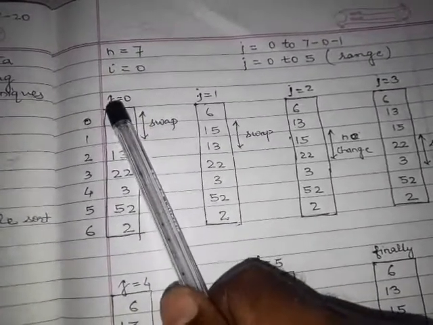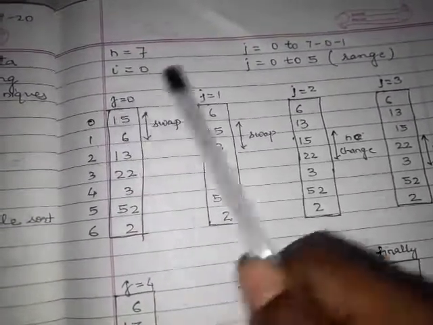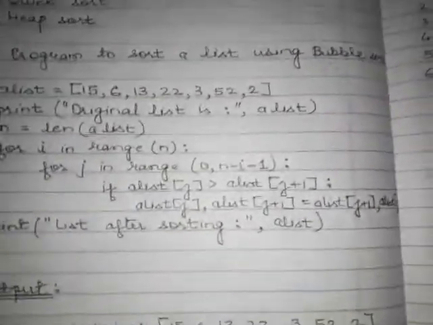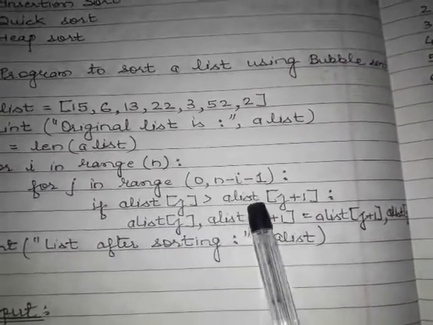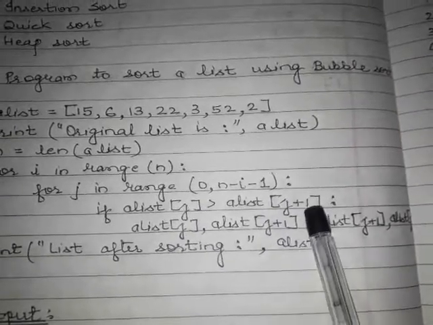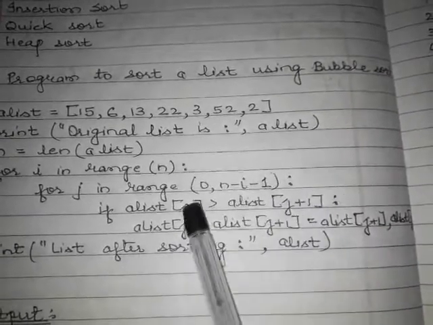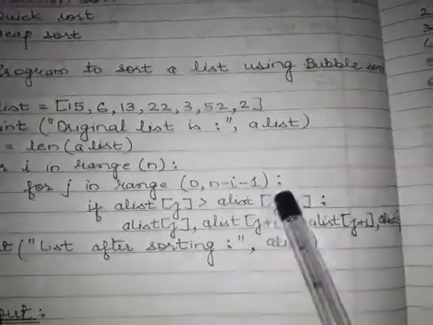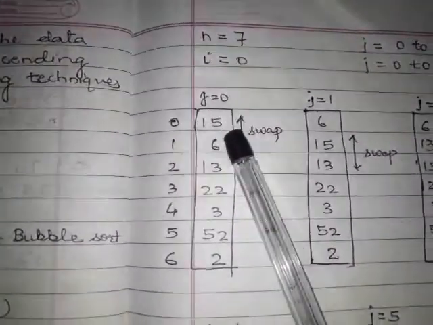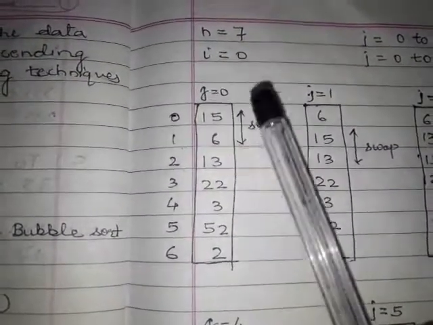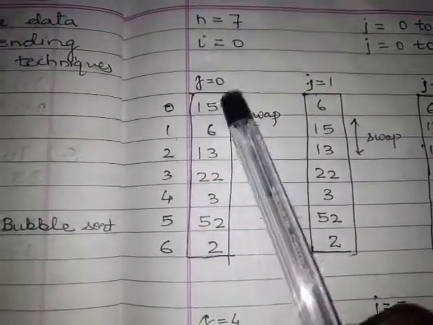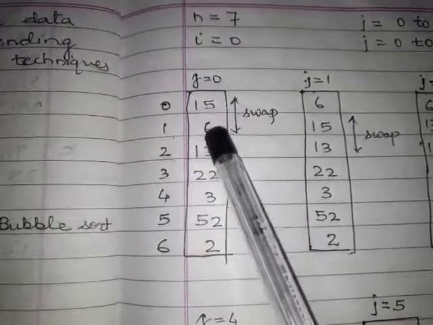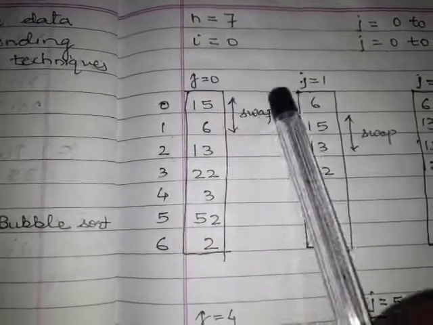Now for j equals 0, the first time when we run, if a list of 0 is greater than a list of 0 plus 1, it means the first element is compared with the second element. If the first element is greater than this, then you have to swap.